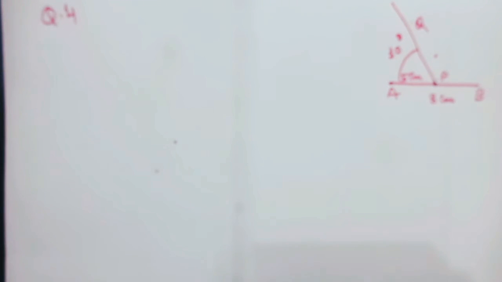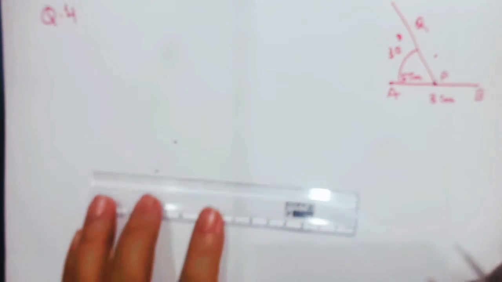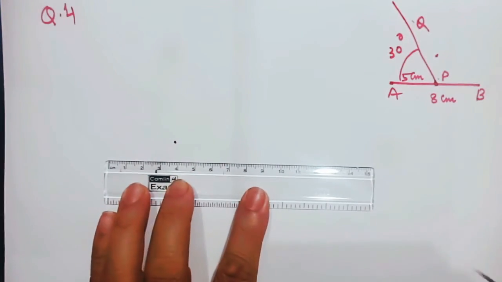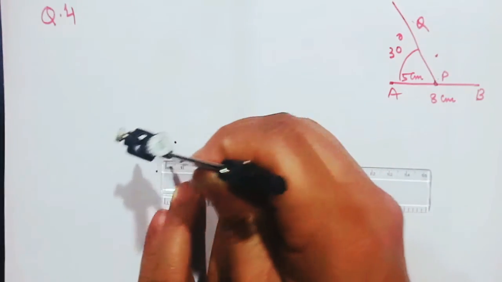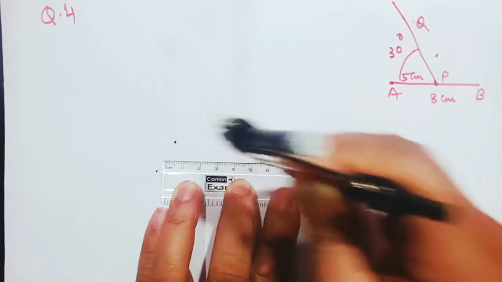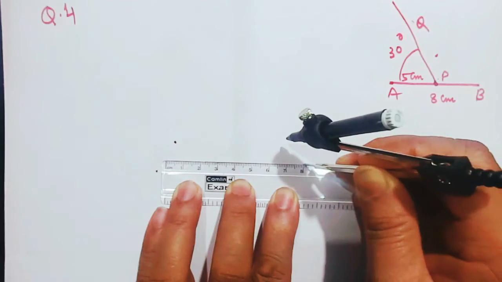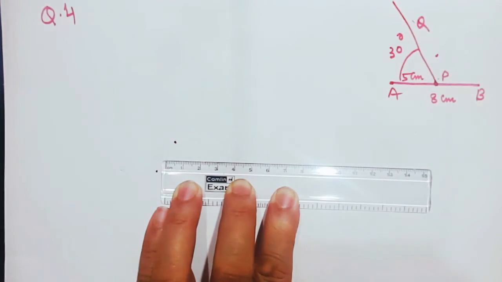Therefore, my first priority is to draw a length of AB equal to 8 centimeter. So as I said, first I need to use this pointer. Let me use this pointer to construct a length equal to 8 centimeter.